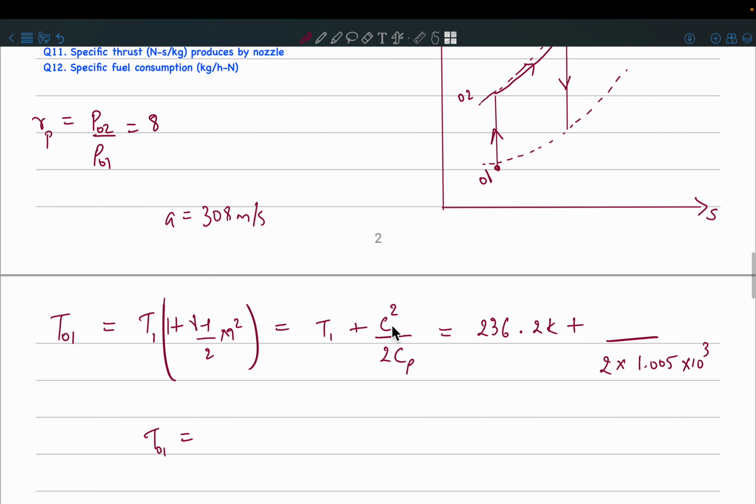So what is C, the speed of the inlet flow? It is the Mach number times the speed of sound, and then the square of that.